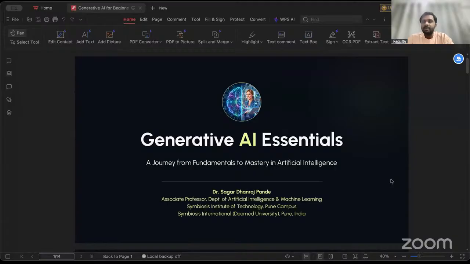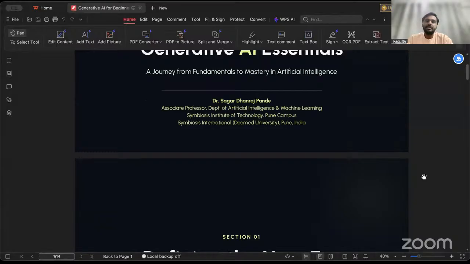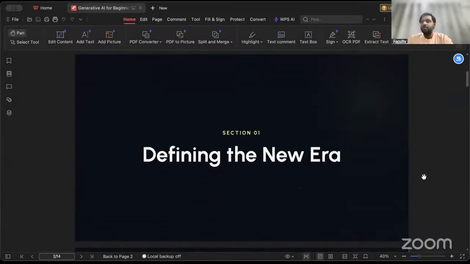So when we talk about generative AI, it is about the new era. To be very honest, generative AI has been there for the last 1 or 2 years. It was there earlier also, but now it is booming because the amount of data has increased drastically. We have bulk of data available, and that's the reason Gen AI is trending right now.